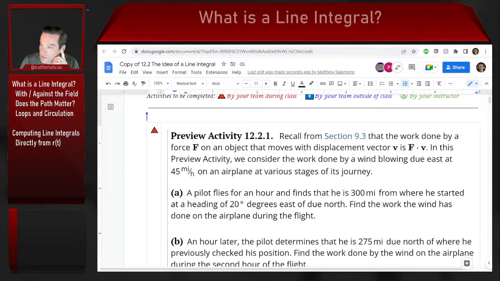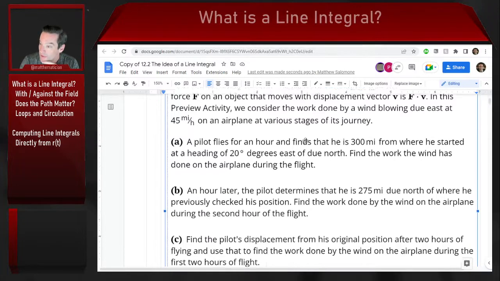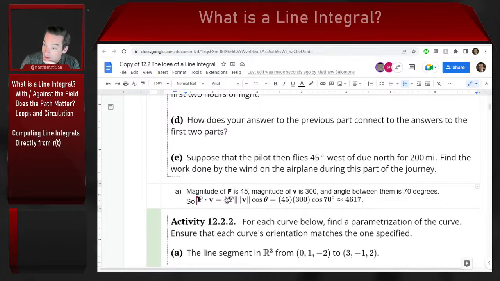To get us started, we found that the amount of work done by the wind on the plane as it flies at a bearing of 20 degrees east of north for 300 miles, the dot product of the force and the displacement, is the product of the magnitudes times the cosine of the angle. This is the way to find a dot product if you don't want to go into components.